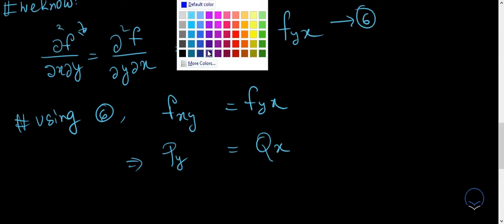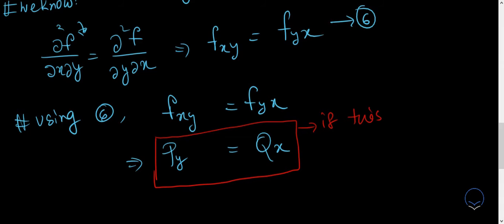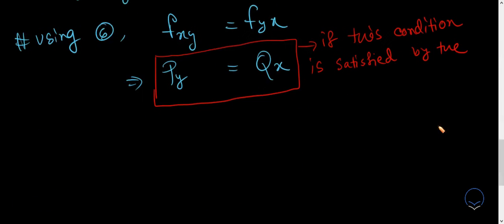So if this condition over here is satisfied by the given differential equation over here, that is 2 or say 1, whatever you want to call it, you just identify p and q and you check whether this is true.